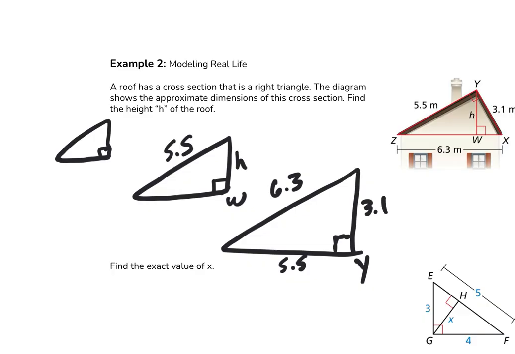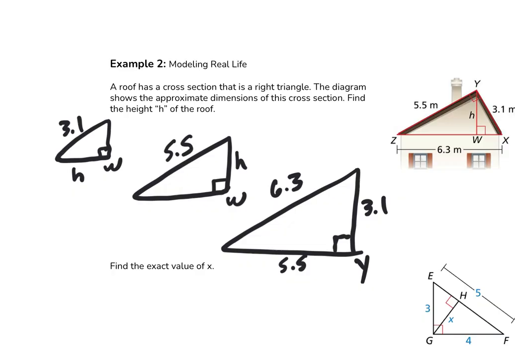For the little triangle right here, my 90-degree angle is still W. On this one, we don't know WX, but we do know the longer leg, which is H. And we know the hypotenuse is 3.1.